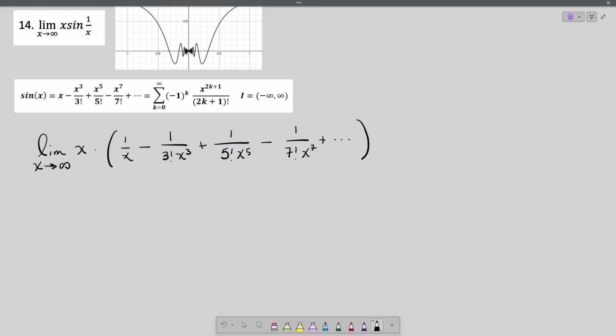It's going to be fine. We'll focus on this part down here first, and then we can talk about it. So we're going to distribute this x across, and when this x gets distributed across, we'll have a cancellation with each of these denominators.